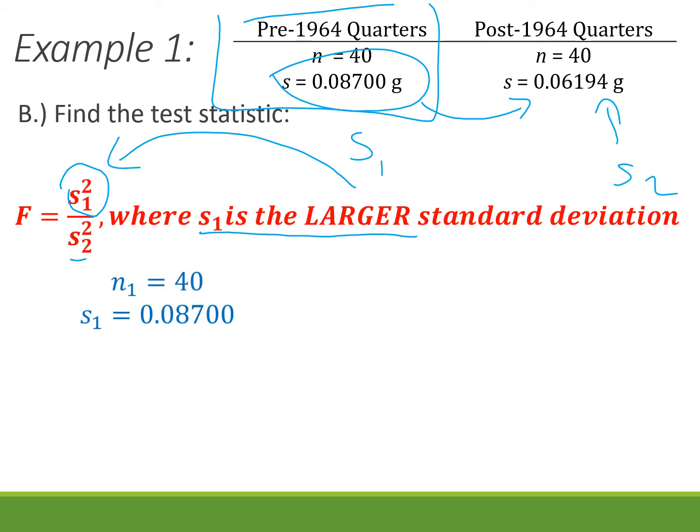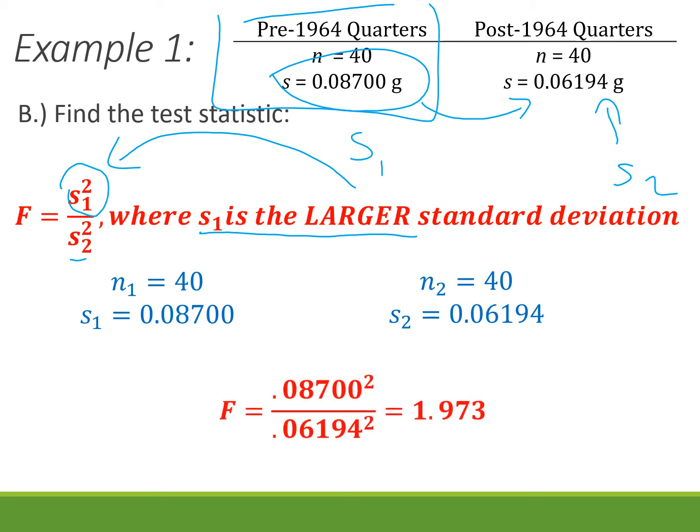All right, so with that in mind, we have a sample size of 40 for both of these, so that doesn't change. When we plug it in, we square each of those standard deviations, divide the two of them, and we get a test statistic of 1.973.